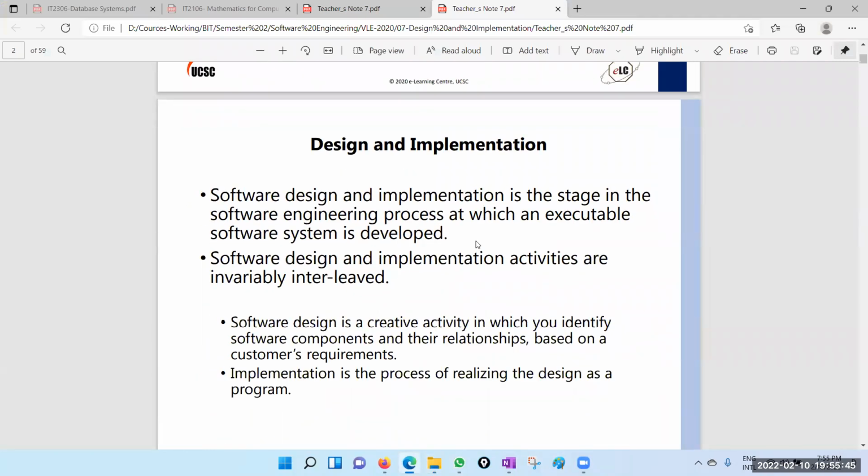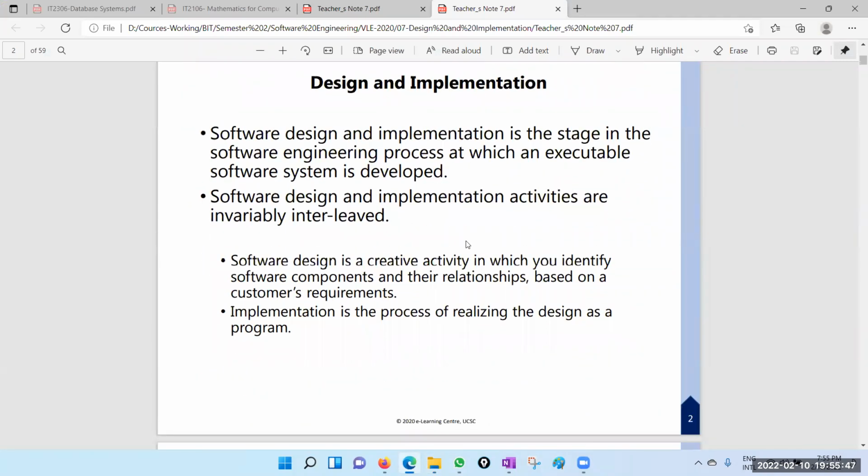Design and implementation. Software design and implementation is a stage in the software engineering process in which an executable software system is developed. So that is actually not the designing, that is where the implementation or the development is. This word implementation is overloaded, so sometimes you will get confused.